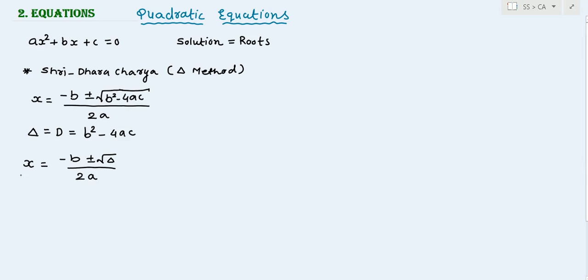Now the solution set can be written as x is equals to minus b plus under root delta upon 2a, delta is also known as discriminant, or minus b minus root delta upon 2a. These are called roots of the given equation. Okay.